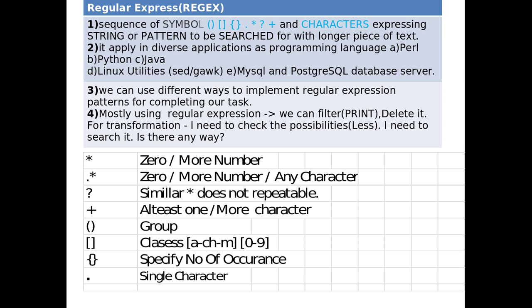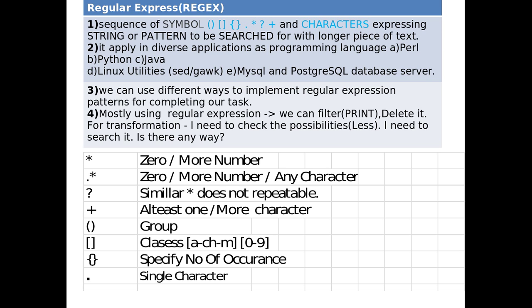The regular expression sample patterns I have specified. Asterisk means zero or more, and dot asterisk means zero or more of any character. Asterisk applies only to the preceding item; dot asterisk comes along with alphanumeric numbers and characters.